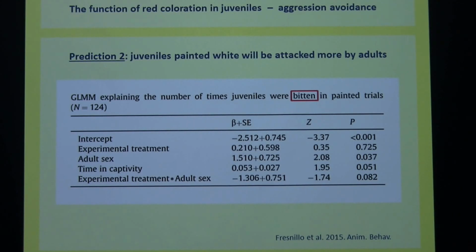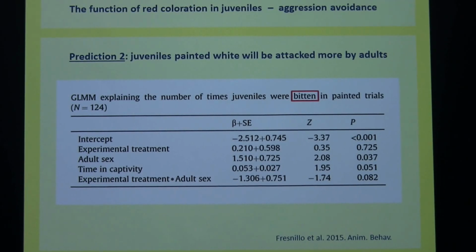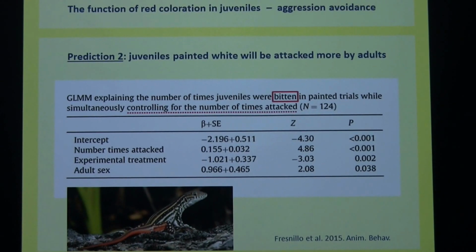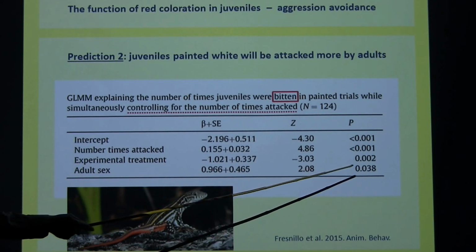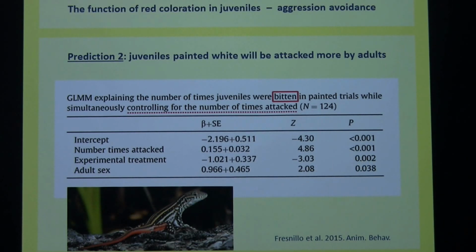Juveniles painted white and juveniles painted red did not differ significantly in the number of times that they were attacked or beaten by adults. The sex of the adult was the only parameter significantly related to the number of times that juveniles were bitten, because in general males were biting more than females. However, when number of times bitten was controlled for the number of times attacked, then there was a significant difference between the two experimental treatments.